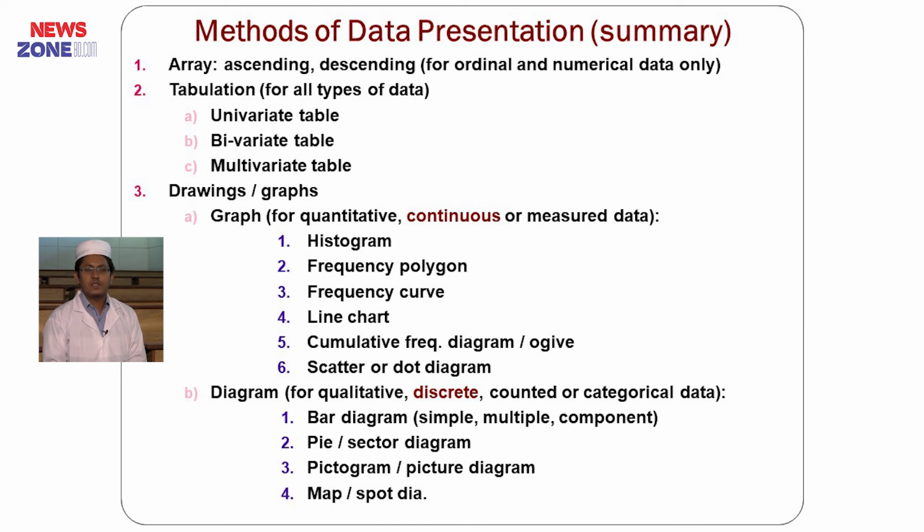One set is for continuous data presentation, where we use histogram, frequency polygon, frequency curve, line chart, cumulative frequency diagram or ogive, and scatter or dot diagram. The other is for discrete data presentation, where we use bar diagrams, pie diagrams, pictograms and map diagrams.